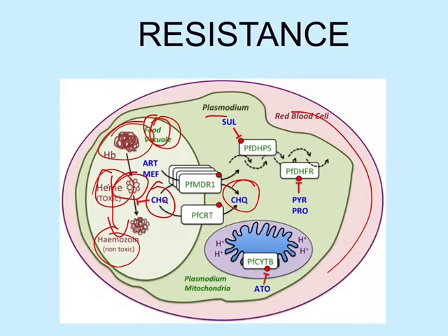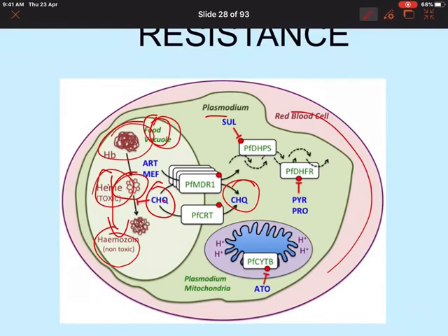What is the mechanism of resistance? We already understood that chloroquine in the food vacuole is effluxed outside through the PfCRT pump. This is the efflux pump which pumps out chloroquine.